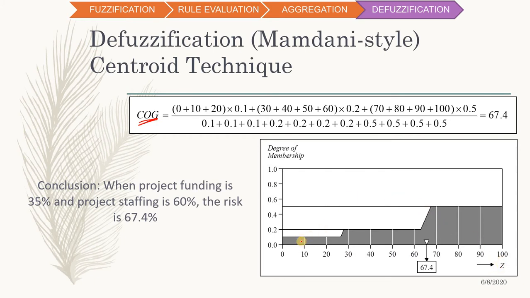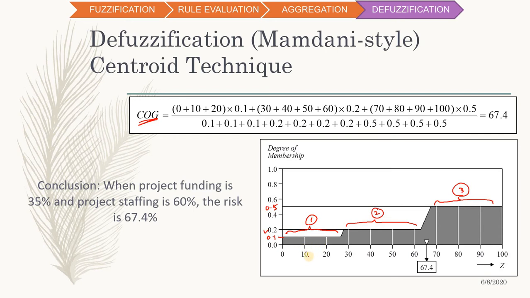For example, this is the first part of aggregation, this is the second part, and this is the third one. You know that during your clipping the first graph has 0.1 degree of membership, the second one got 0.2, and the third one has 0.5 degree of membership.